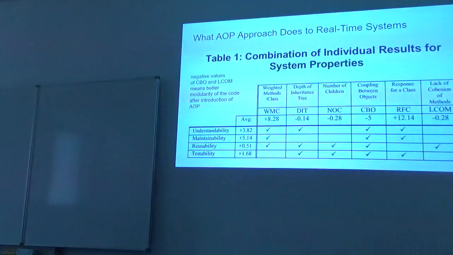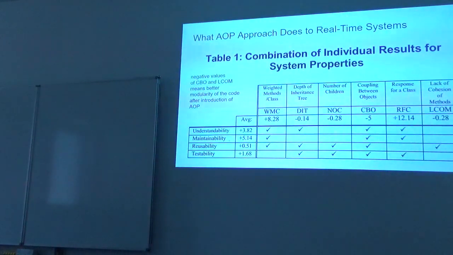So, results of these experiments showed that using aspects increases modularity and testability of the code, because in this case the coupling between objects metric has turned a significant negative value, and it turned this value in modules handling memory access and event handling, which was good in this case.